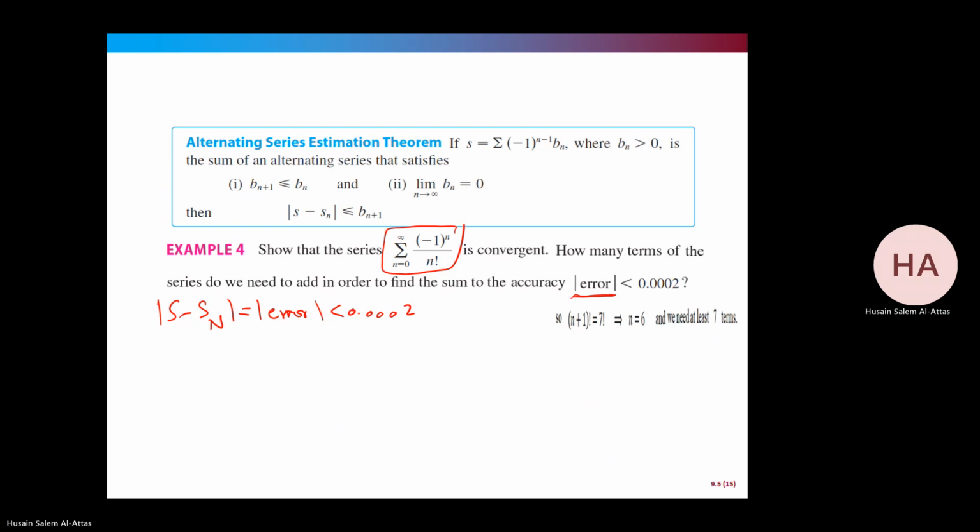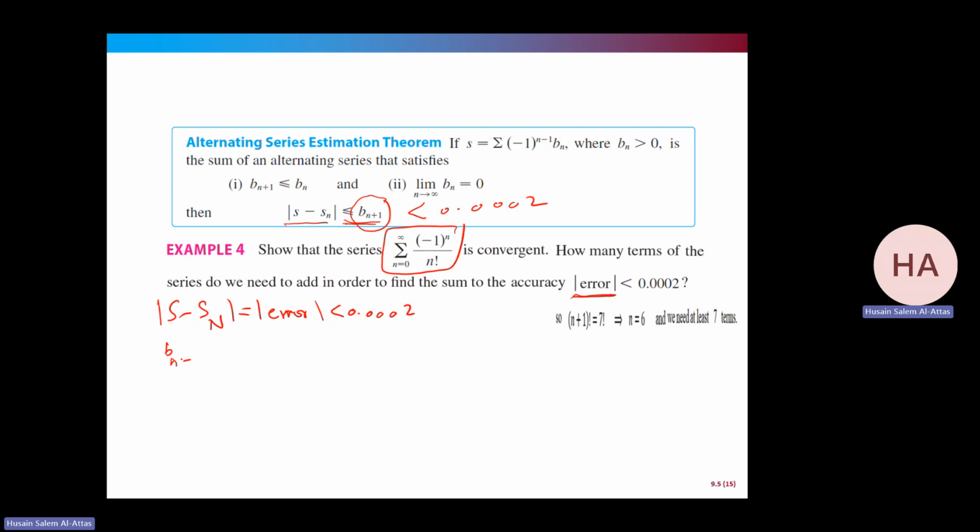Now, the rule is saying this error is less than or equal to b_{n+1}, the next term, without the minus sign. So I want this to be less than 0.0002.